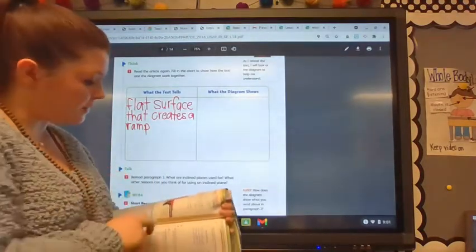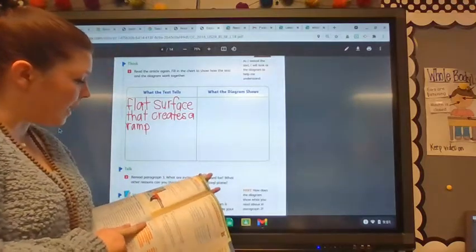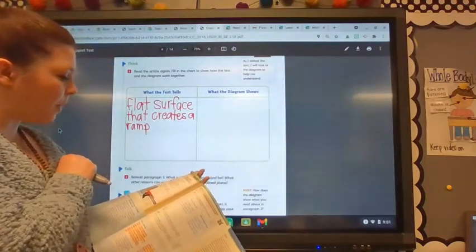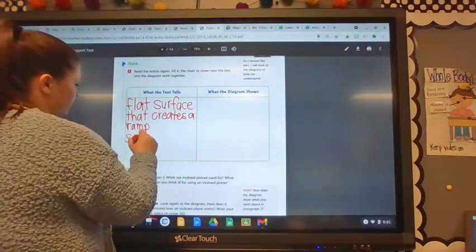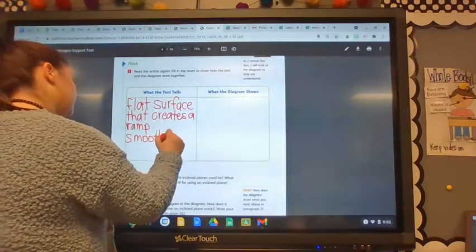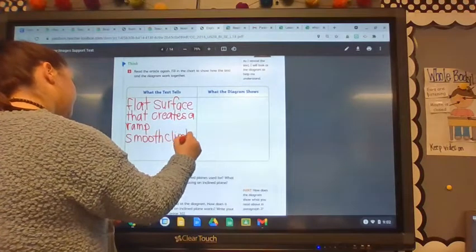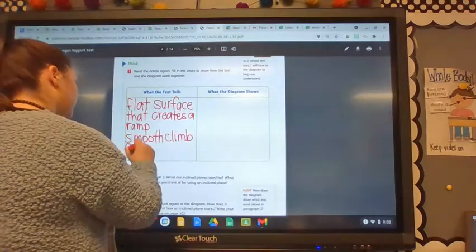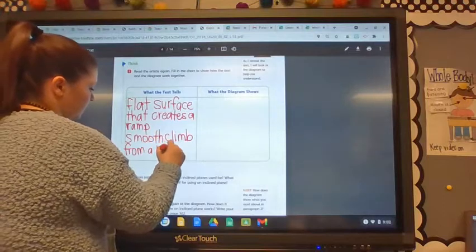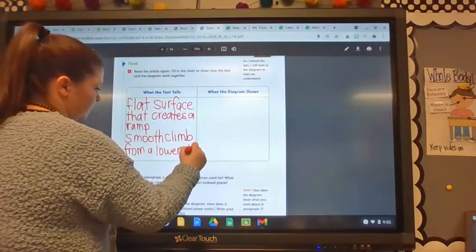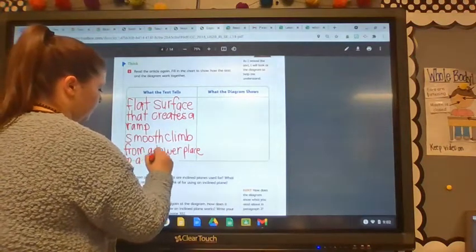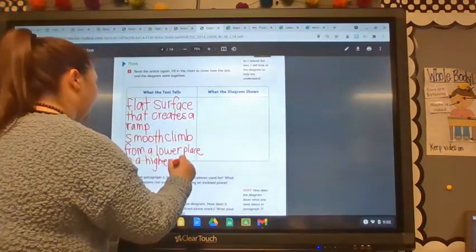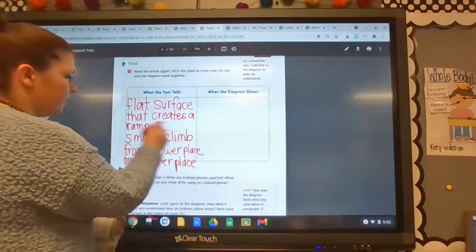It also tells me that a ramp makes a smooth climb from a lower place to a higher place. All right, let's look at this phrase, smooth climb, really quickly.